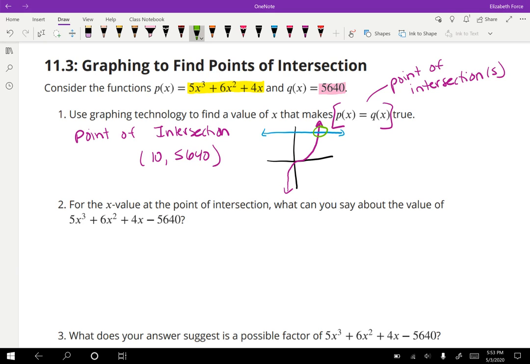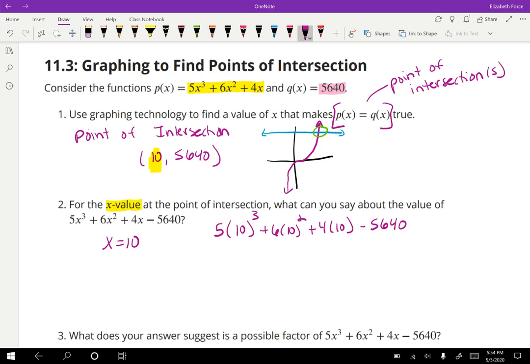Number 2 says, for the x value, so the x-coordinate, at the point of intersection, what can you say about the value of this function? Well, let's plug it in. If I plug 10 in for x, what will happen? 10 to the third is just a 1 with 3 zeros.